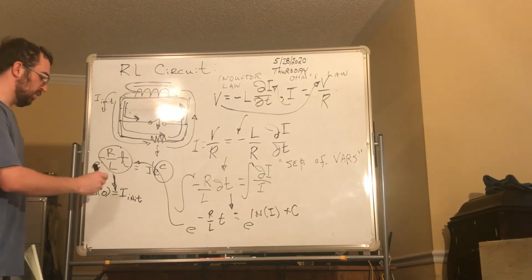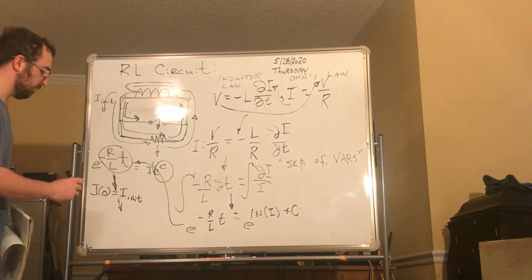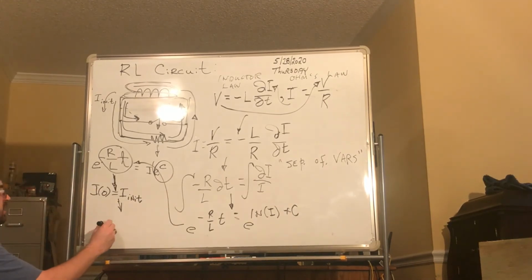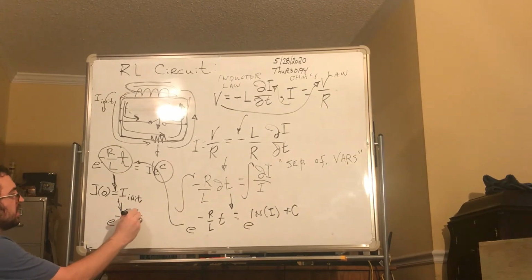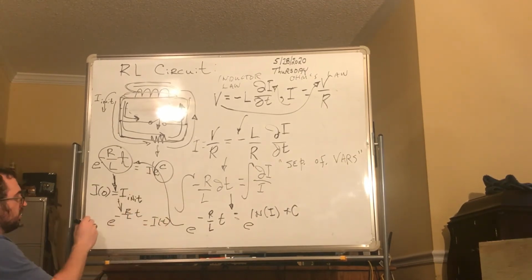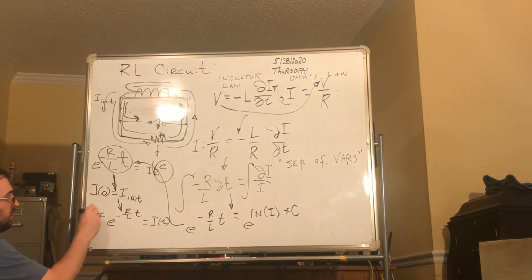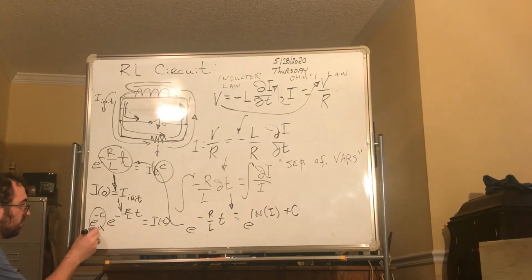Okay, so what we can do is rewrite the final answer to this rather elegant problem. We would have e to the minus R divided by L times t would equal I of t, given that we put e to the minus c over here. But from what I just stated, this value here is I at 0, the initial current.